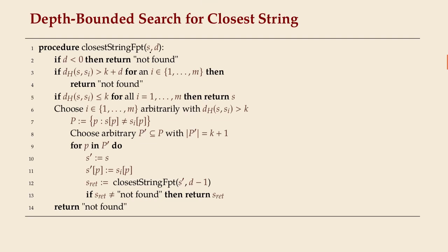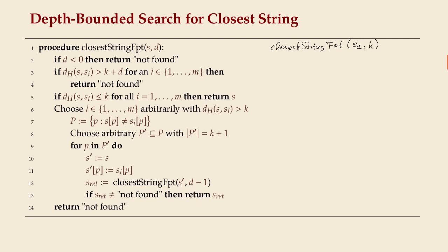It's given a candidate for the consensus string in this recursive definition, and the topmost call is closest string FPT, where you just take arbitrarily one of the strings, say the first. If you're very happy and lucky, and the first string is already one that happens to be a consensus, then you're done immediately.